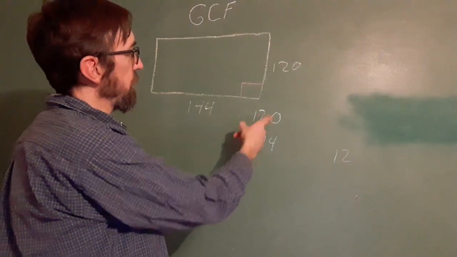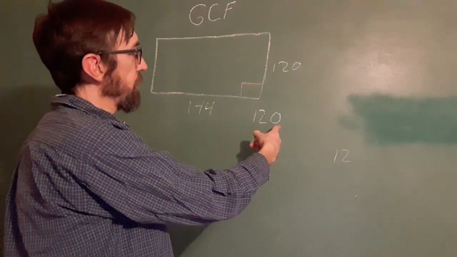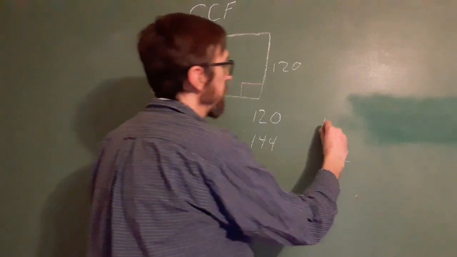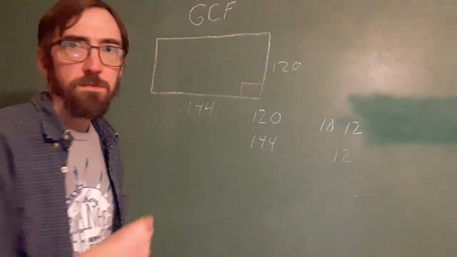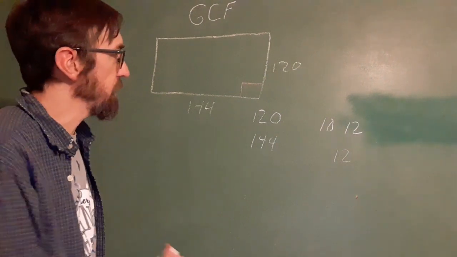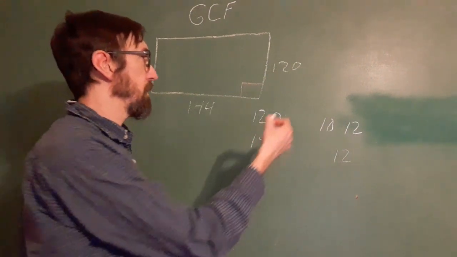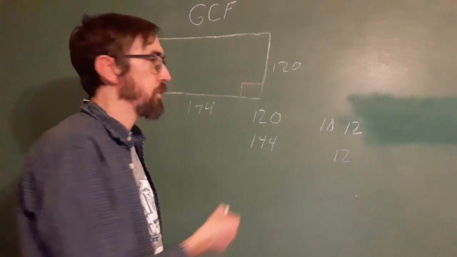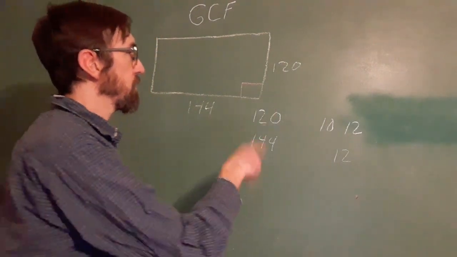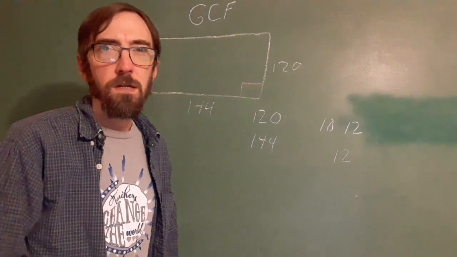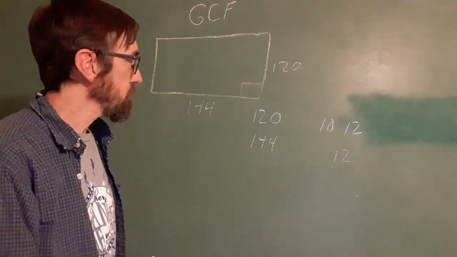Well, you can see that we have this 12 leading this. 10 times 12 will divide this. So already we've got a nice starting point. We need to figure out, is there a number larger than 12 that will be in common here? Because again, we are going for the greatest common factor here.